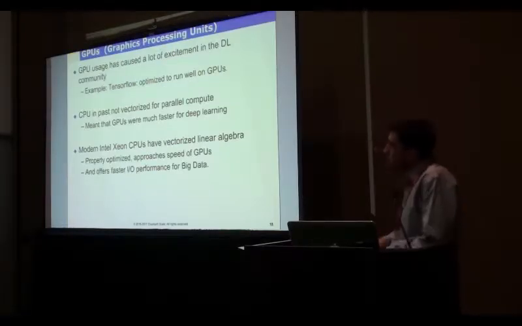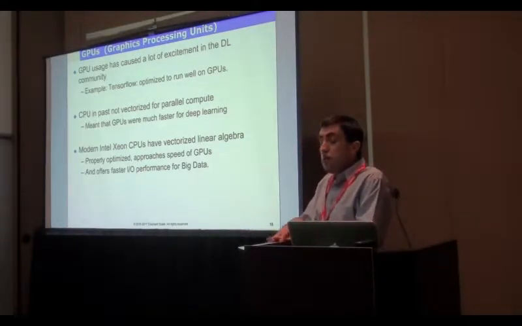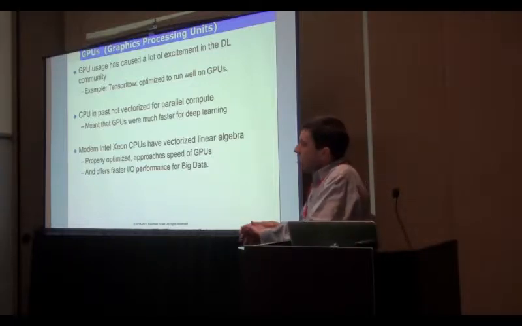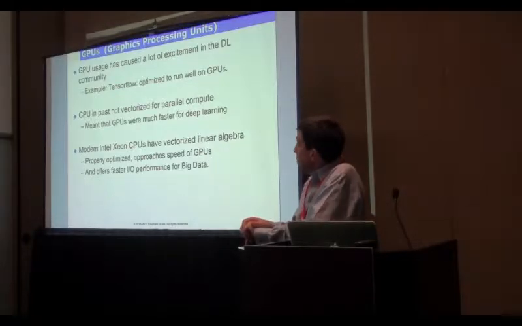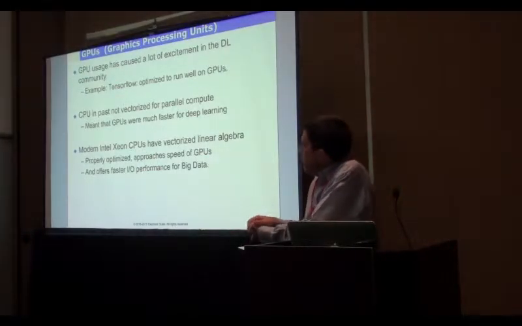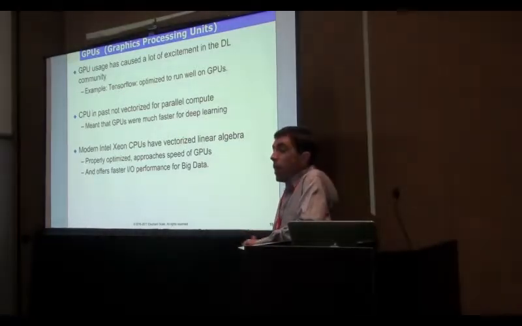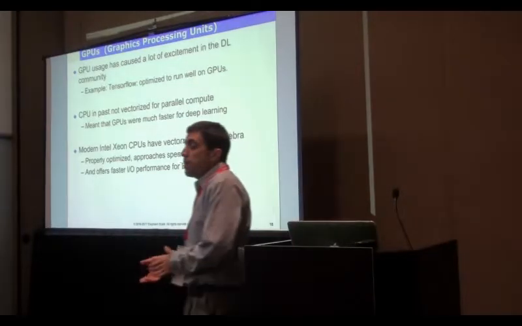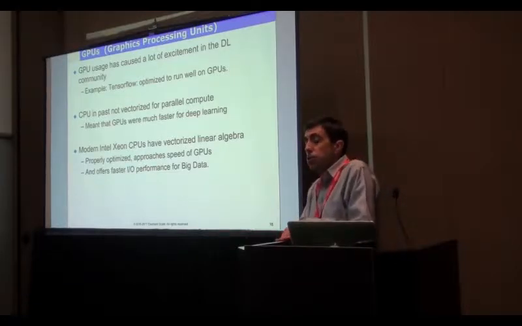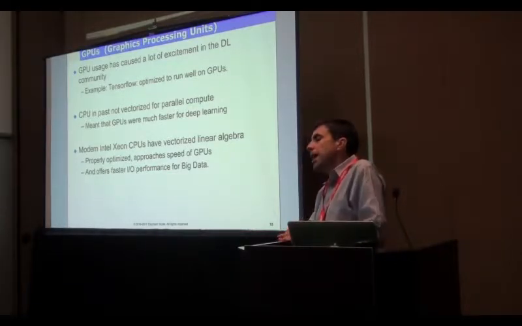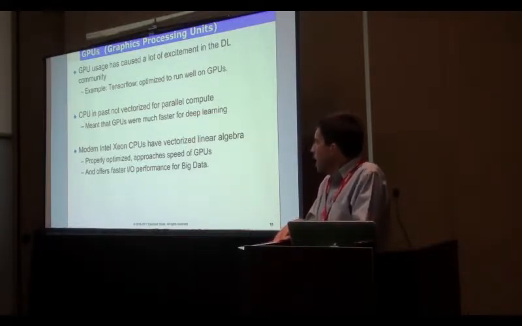Okay, so one of the things that has a lot of people excited today, including me, is the fact that GPUs, especially on frameworks like TensorFlow, have enabled very high performance for deep learning. In the past, CPUs have not been very vectorized for parallel compute. That means we've traditionally seen about an order of magnitude faster performance on GPU-based compute versus CPU for deep learning and other linear algebra tasks.